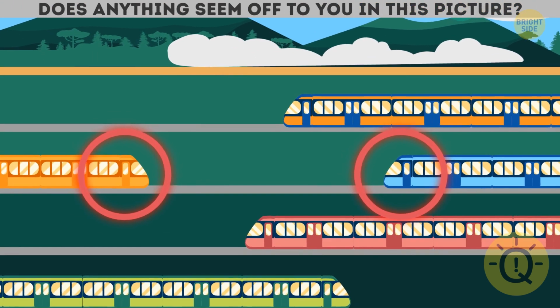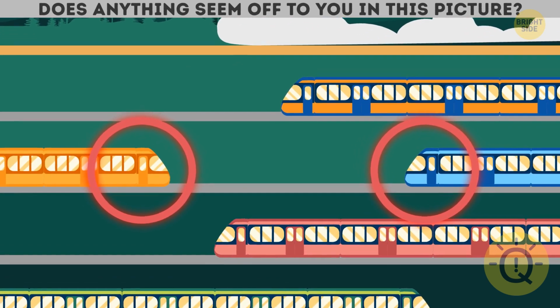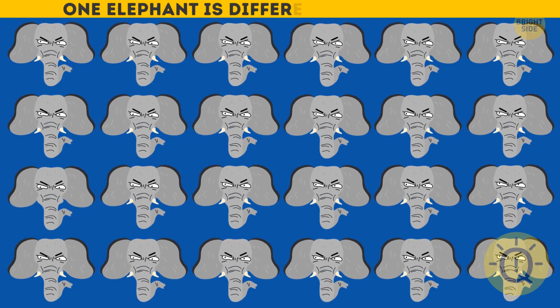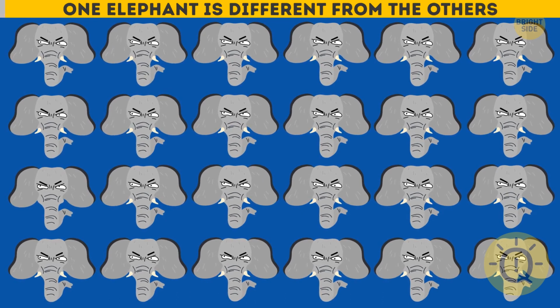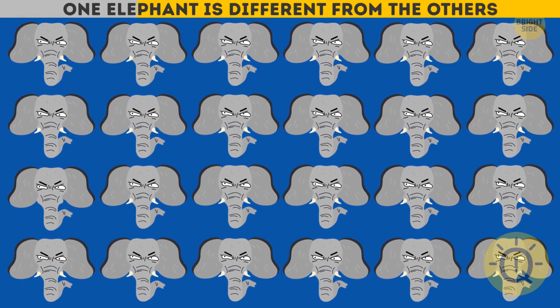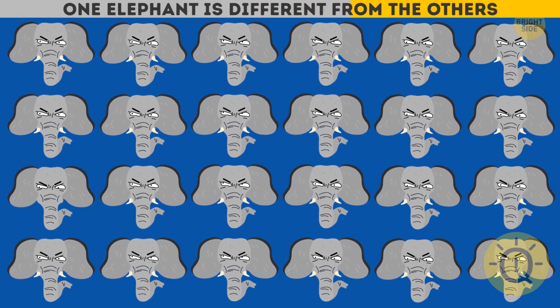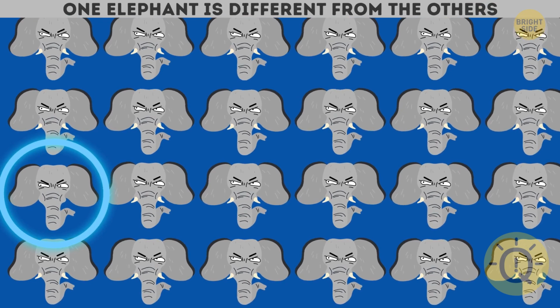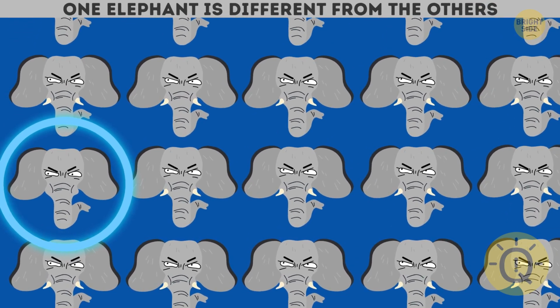The red and purple trains are moving toward each other, and they're traveling along the same track. Number 27. One elephant is different from the others. Which one is it? It's the one without tusks, at the top of the picture.